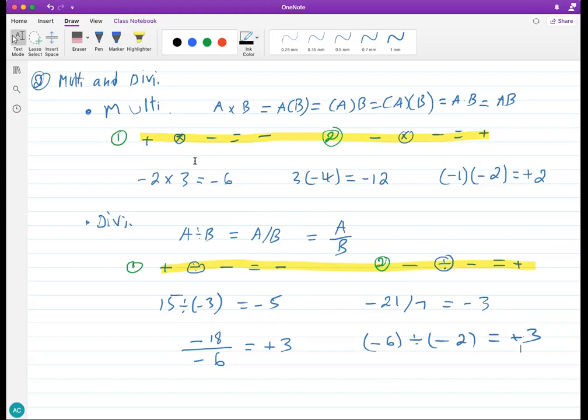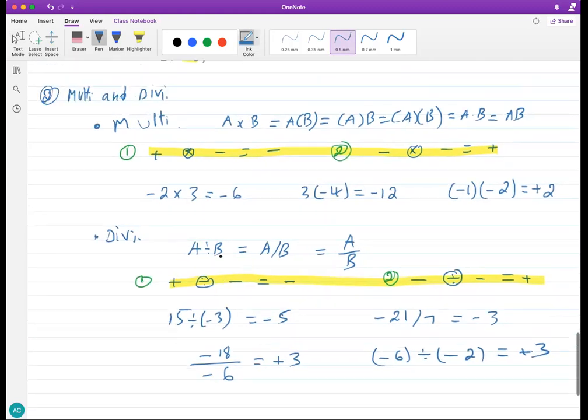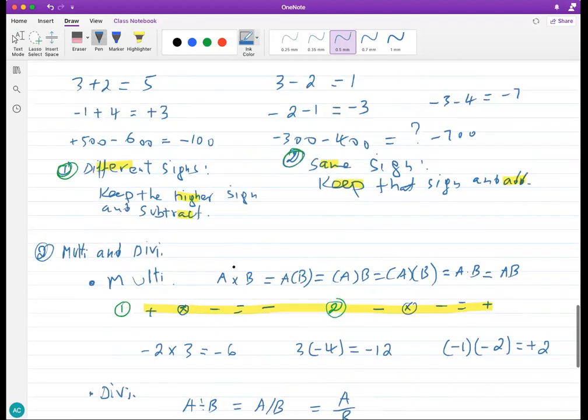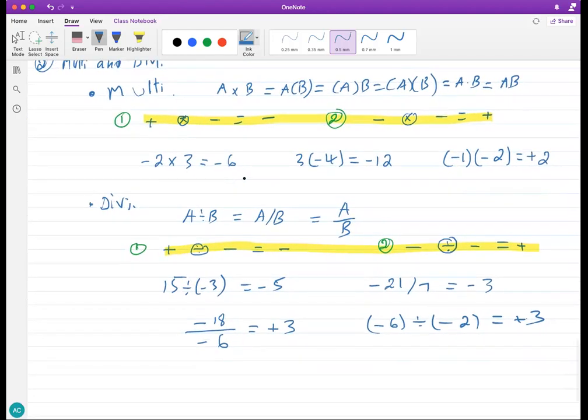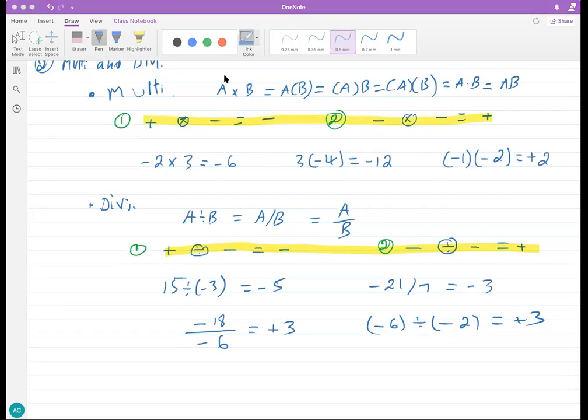Now, let's mix everything up. We're going to mix all these together in an order of operations and do some mixed problems.